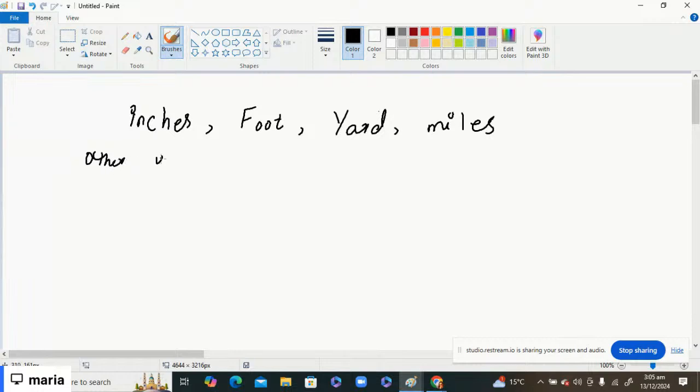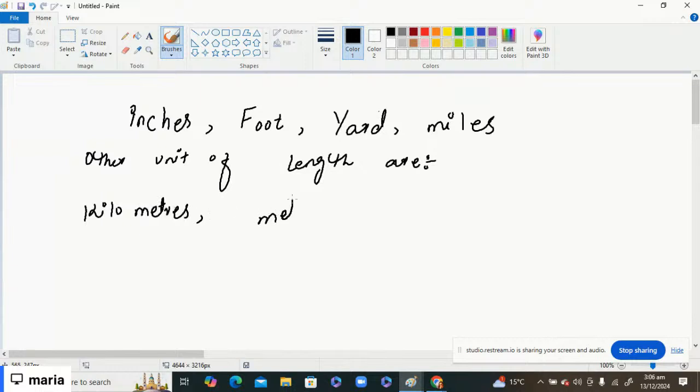So other units of length are kilometers, then meters, then centimeters, then millimeters.